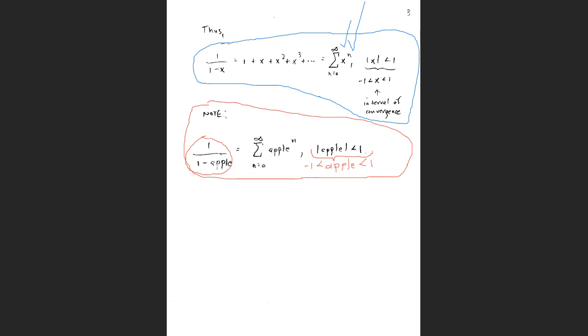Okay, so let's make sure everybody's comfortable with that. Are there any questions at all so far? Okay, and this is really the formula that we're going to be utilizing.